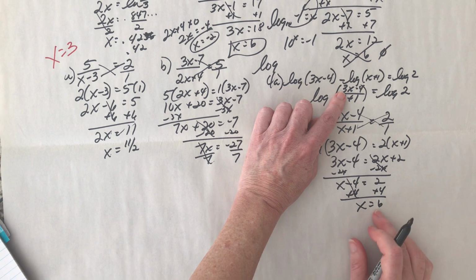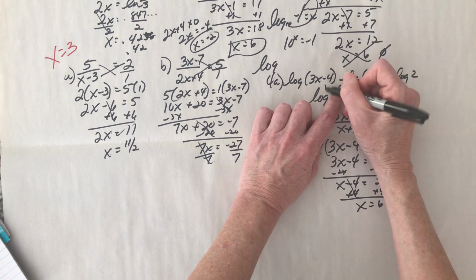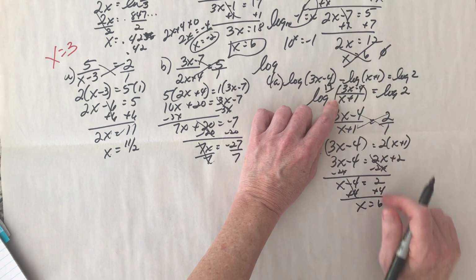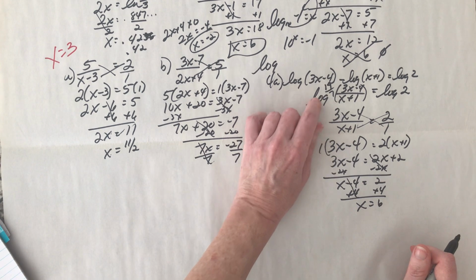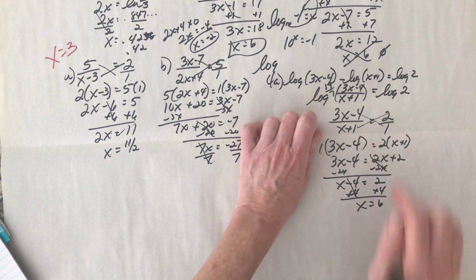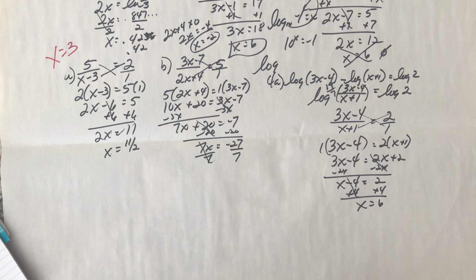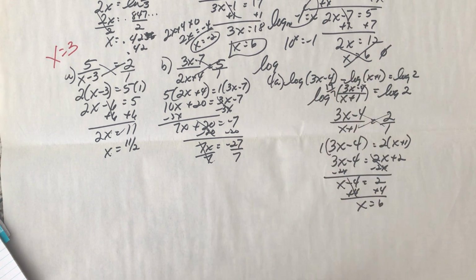We've got 18 minus 4. 3 times 6 is 18. 18 minus 4 will give us a 14 for the numerator. 6 plus 1 is a 7. 14 over 7 is 2. So this is the common log of 2 equals the common log of 2. And that works. Nobody was a negative number in either log, so we're okay.